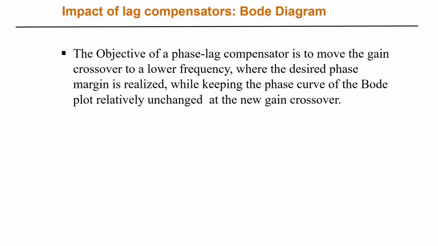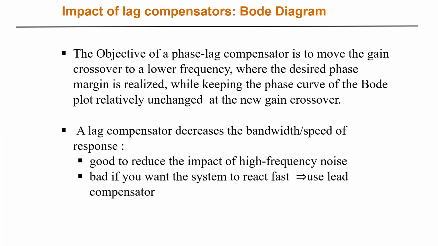The objective of the phase lag compensator is to move the gain crossover to a lower frequency where the desired phase margin is realized, while keeping the phase curve of the Bode plot relatively unchanged. The drawback of the phase lag compensator is that you will decrease the bandwidth, which means that your system becomes sluggish. It's going to be slower.